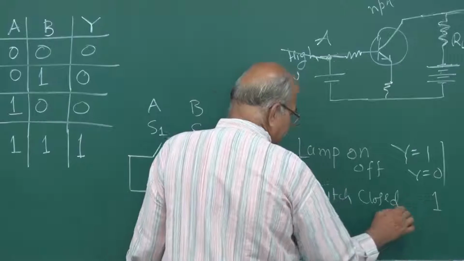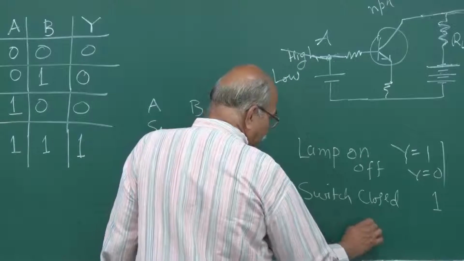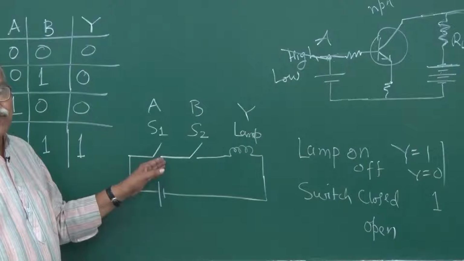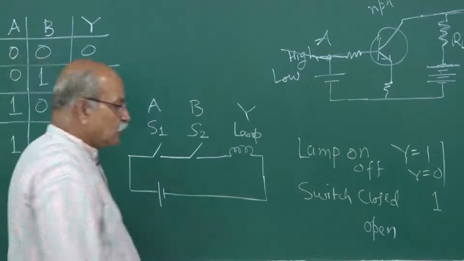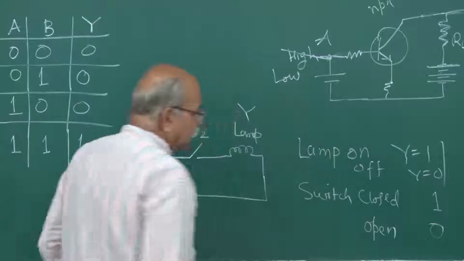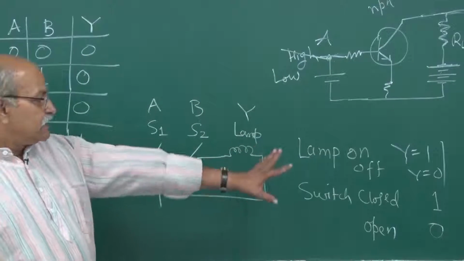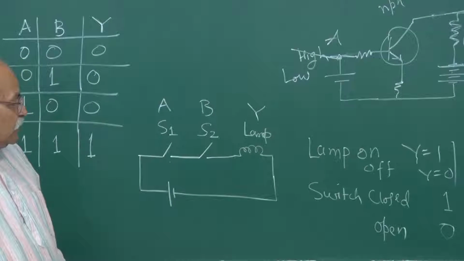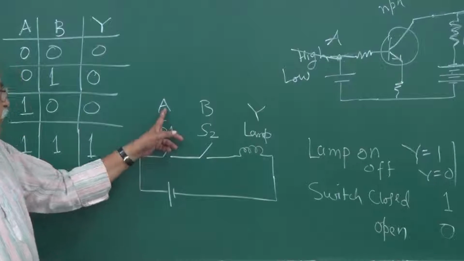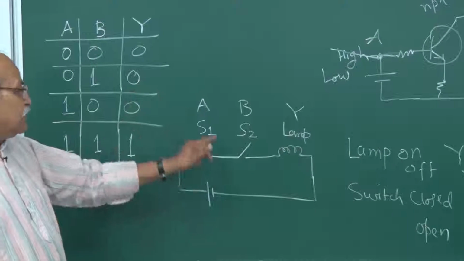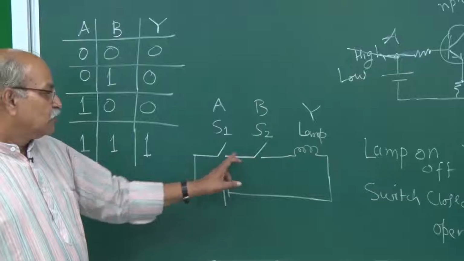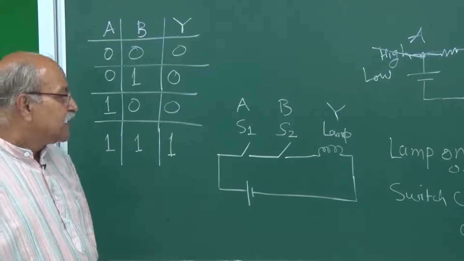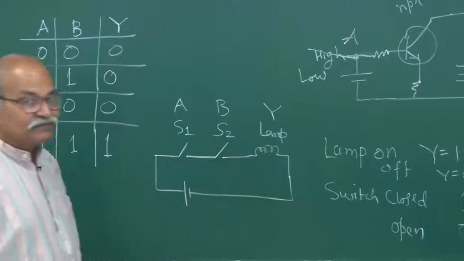This is your input, A or B. And if the switch is open, as shown in this figure, we will call it 0. With this meaning of 1 and 0, if A is 0 and B is 0, both switches are open, the lamp is not glowing, and Y is equal to 0.